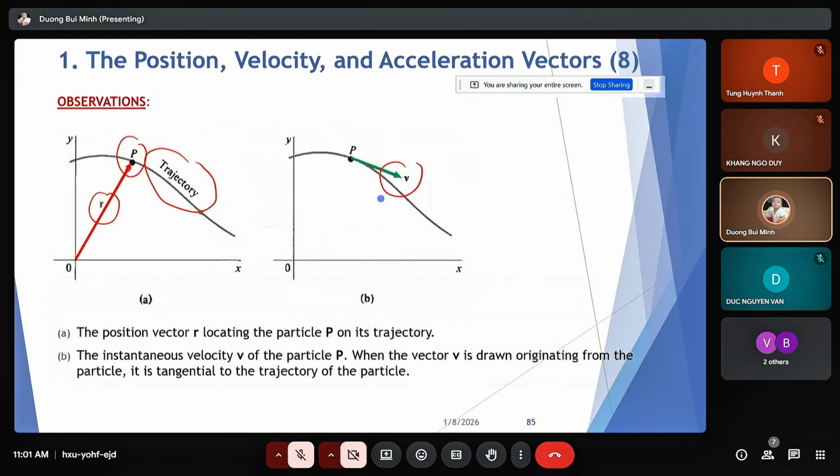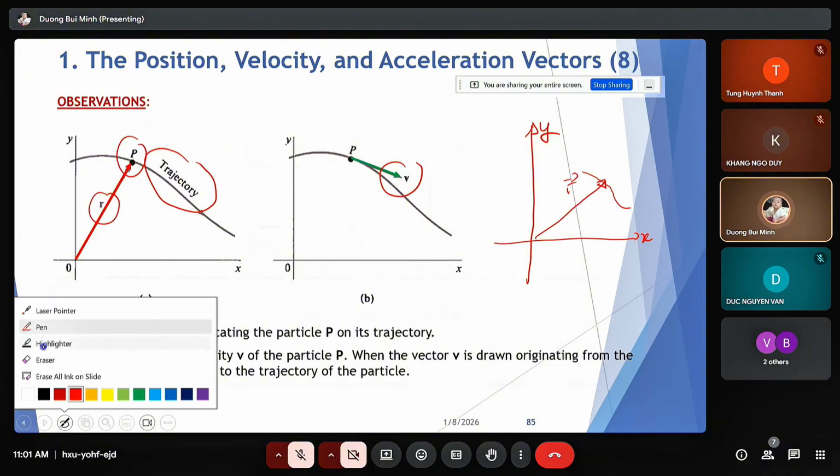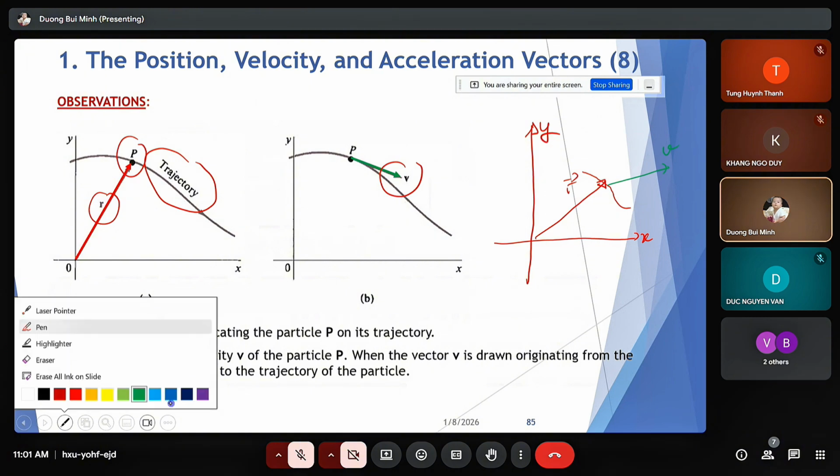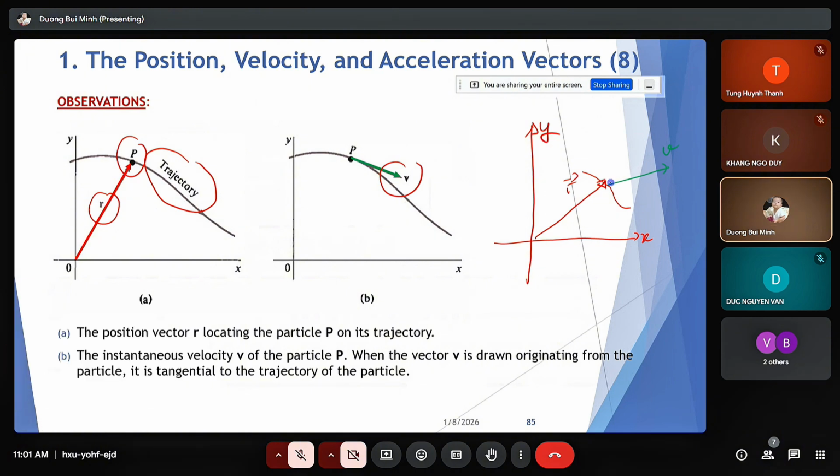Or for example, here we have y, here we have x, and we have vector r like this. For example, this is the trajectory, and then we get vector v like this. Maybe I use another color. Now we have vector v.